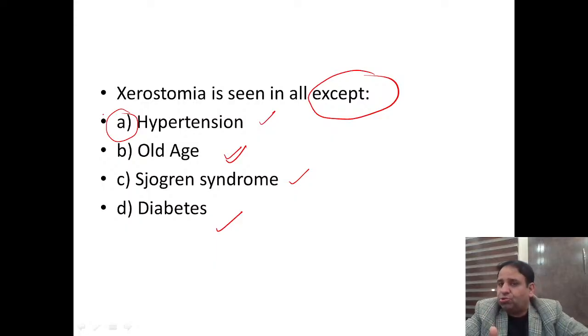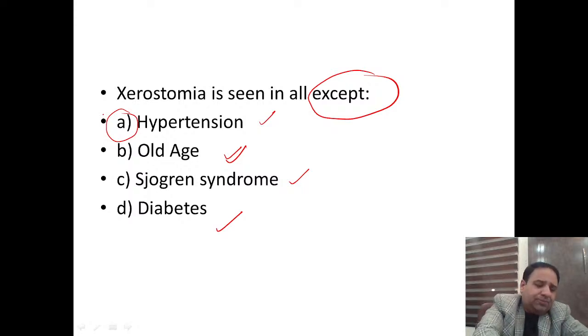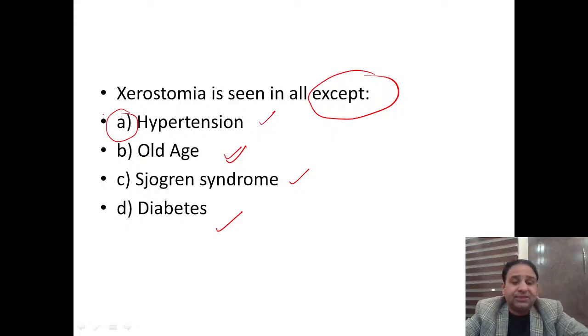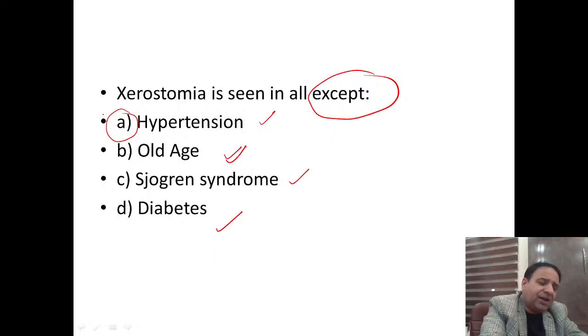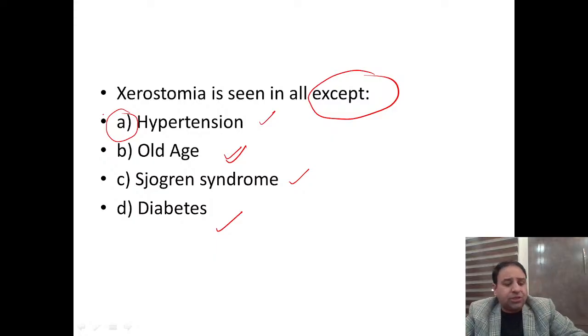All the heart patients who are subjected to angioplasty, angiography, cardiac pacemaker surgeries, or bypass surgeries are given a lot of drugs. The blood pressure needs to be controlled. To control the blood pressure, many times diuretics are also given, and these diuretics and other antihypertensive drugs very much lead to xerostomia. But they have not mentioned antihypertensive drugs.